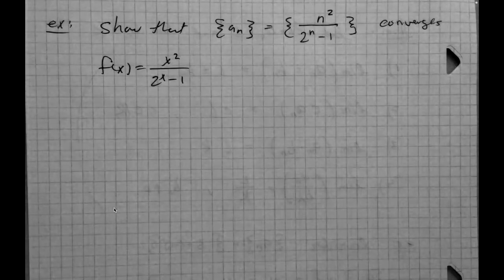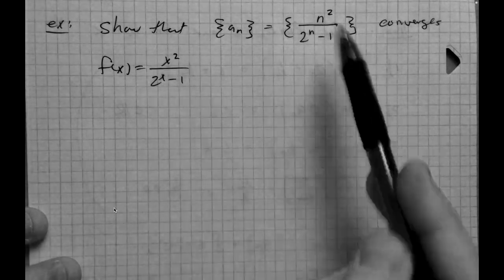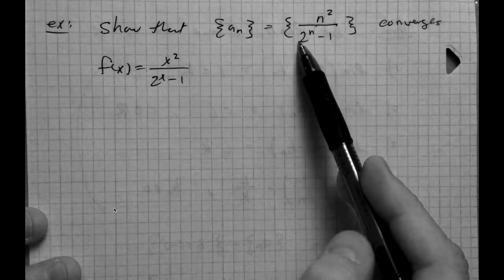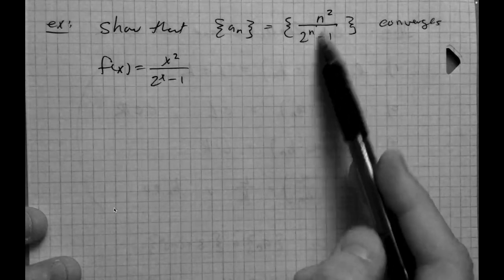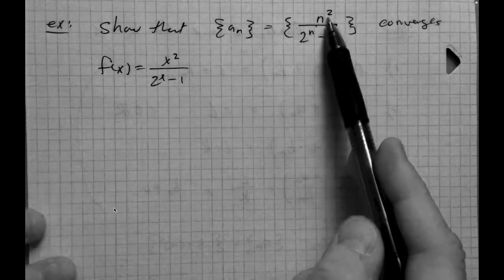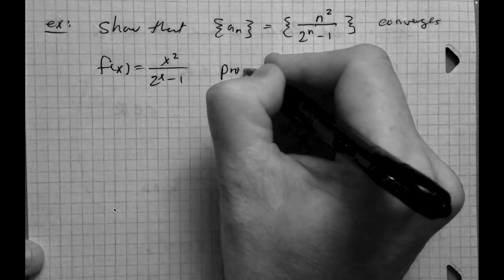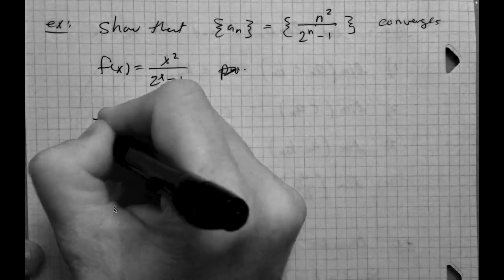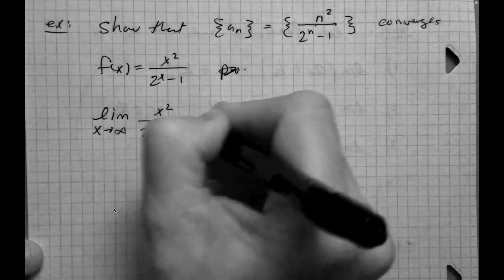All right, so we have to think of this as a function because if I try to just directly input infinity into this expression, if I naively attempt that, then this is going to produce, well, let me write it first. The limit as x goes to infinity of x squared over 2 to the x minus 1.